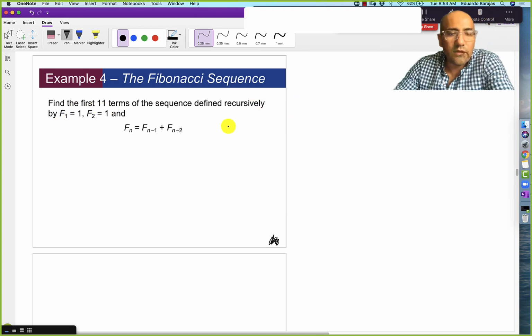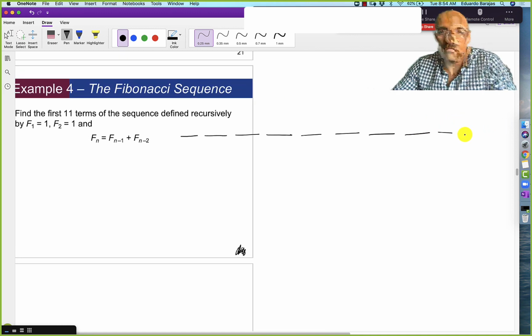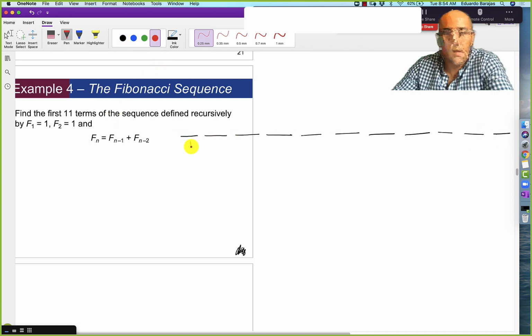That's a long list. All right, so the first 11, I'm going to need 1, 2, 3, 4, 5, 6, 7, 8, 9, 10, and 11. Okay, so that's a lot of numbers. So we have f of 1, the first one on my list, the second one, the third one, the fourth one, the fifth one, the sixth one, the seventh one, the eighth one, the ninth one, the 10th one, and the 11th one.